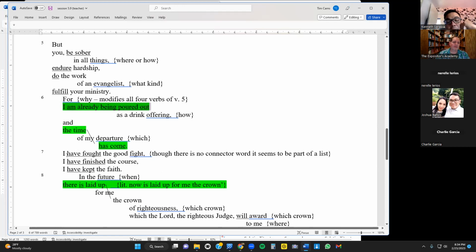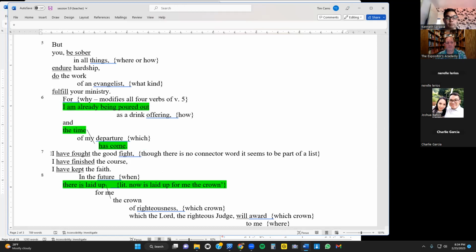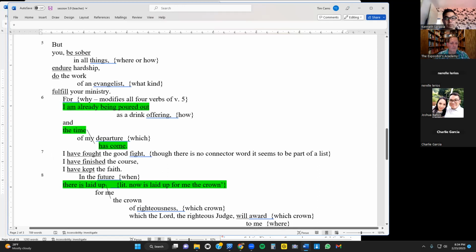So if they're independent, they would come over to the left, right? They'd be like this. Okay? They'd be 3 new thoughts or 3 independent thoughts. Or are they part of the reason that Paul is telling Timothy to be sober, endure, fulfill?